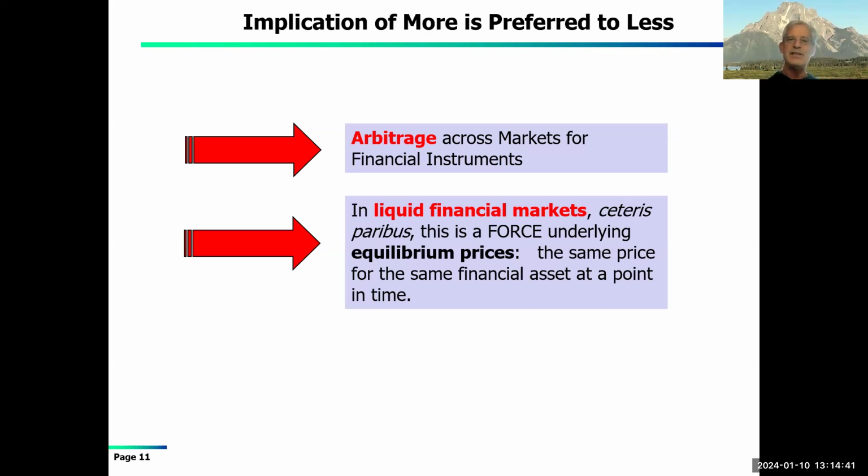And that becomes a force for equalization, because gee whiz, if I can buy oranges that are just as good as Valencia oranges, and they're provided at Safeway from Chile, I'm going to buy them from Chile.